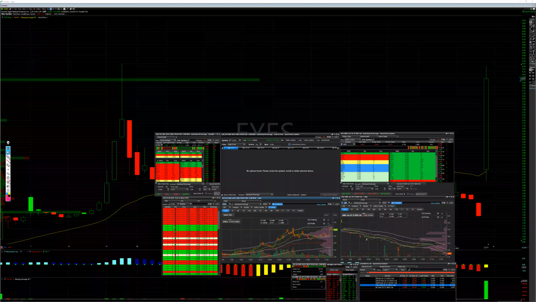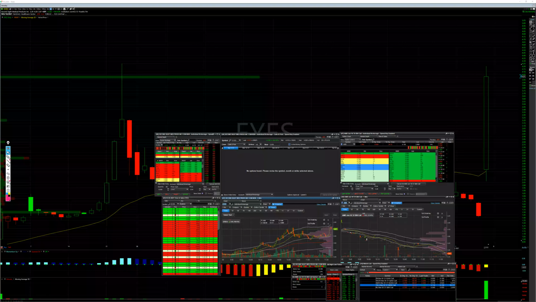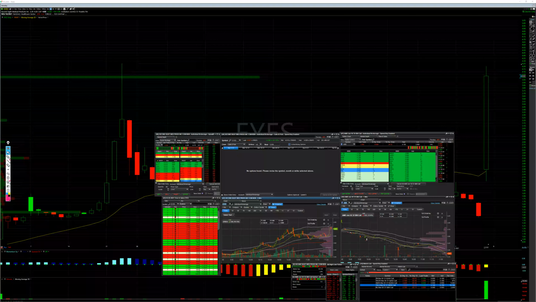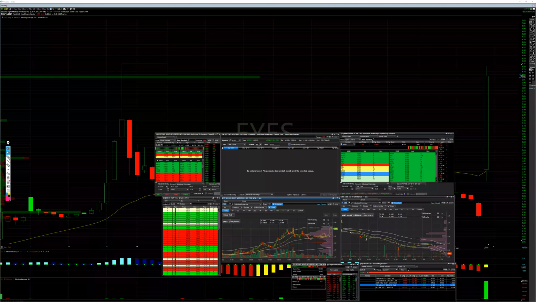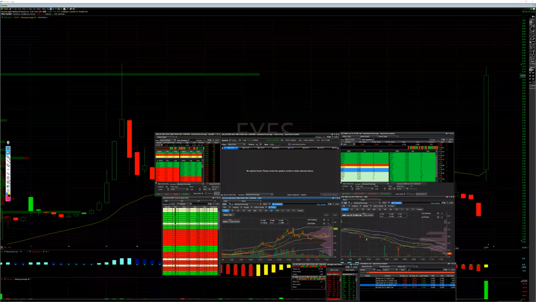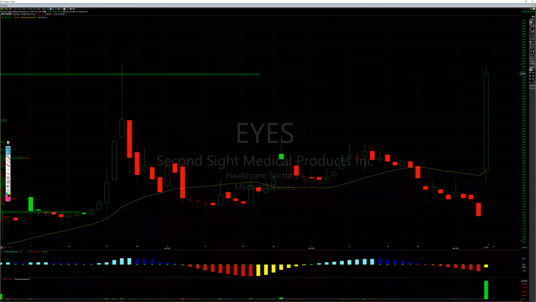The most accurate place to get your float would be where, guys? SEC filings. That's right. You go to SEC filings, and that's where you're going to find your float.